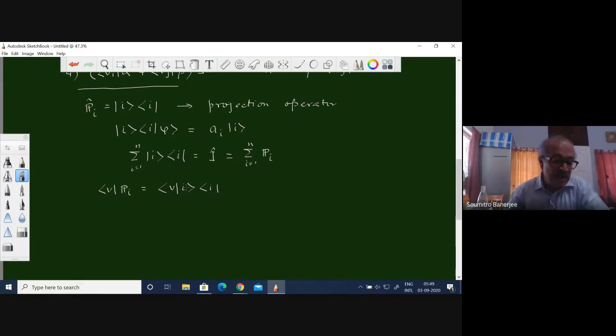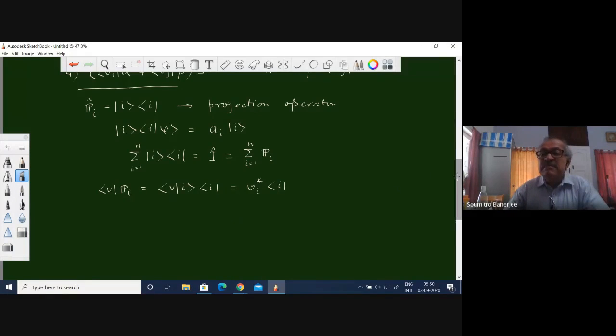And this quantity takes out the, if it had been IV, then it would be the ith component. But now, since it is opposite, it will be the starred. It will be star, the first one, and then the bra in the ith direction.